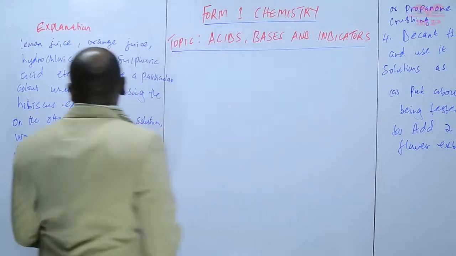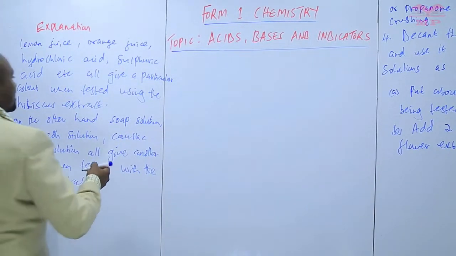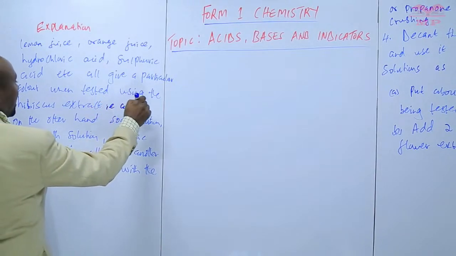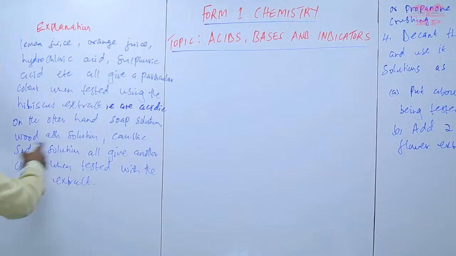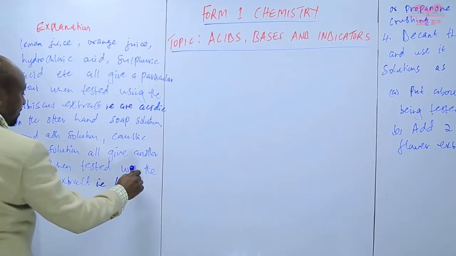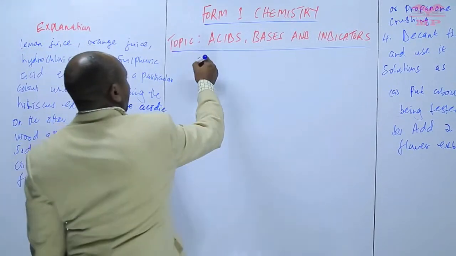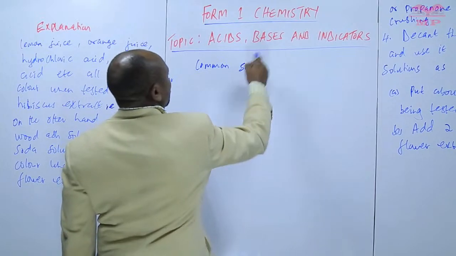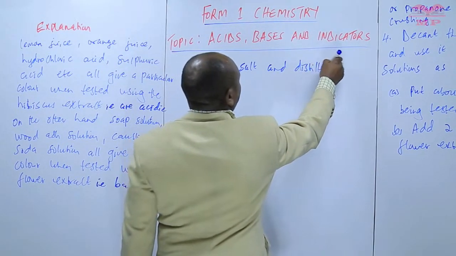So first of all, the lemon juice and all the first ones, they are acidic. The ones that are giving another color, these ones, they are basic, or they are bases. And then we have other examples such as common salt and distilled water.